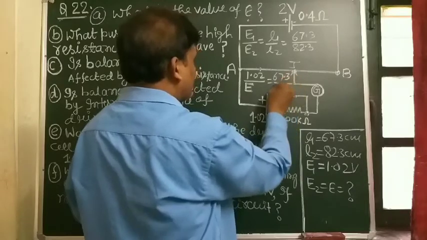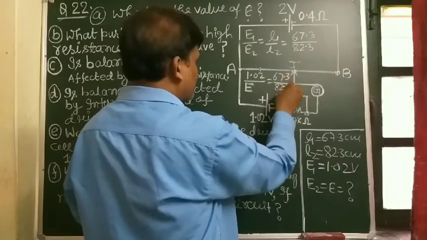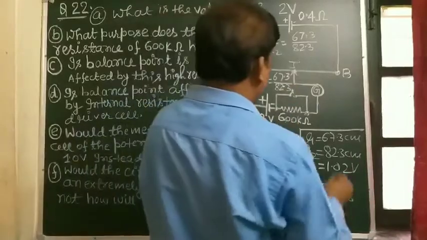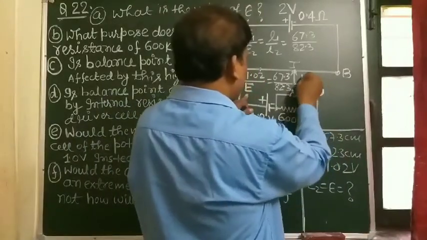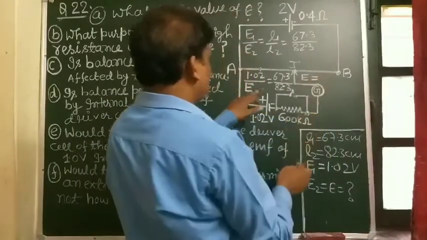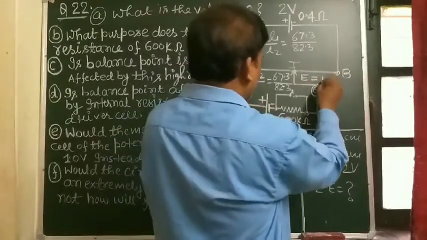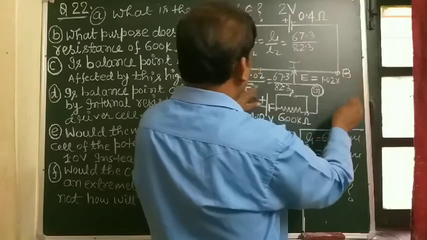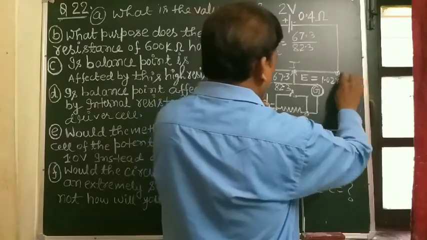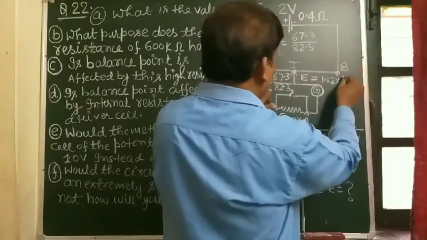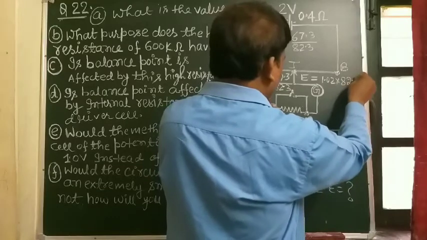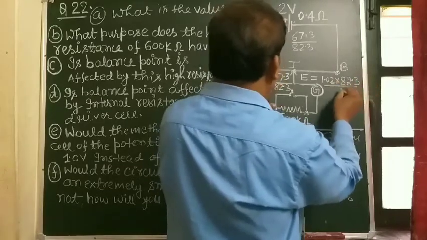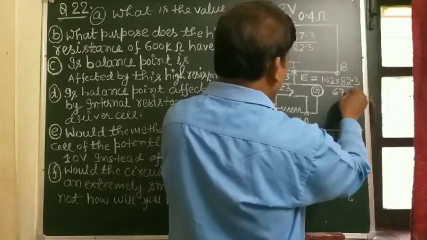So 67.3 by 82.3, and putting the values, E equals 1.02 times 82.3 divided by 67.3.